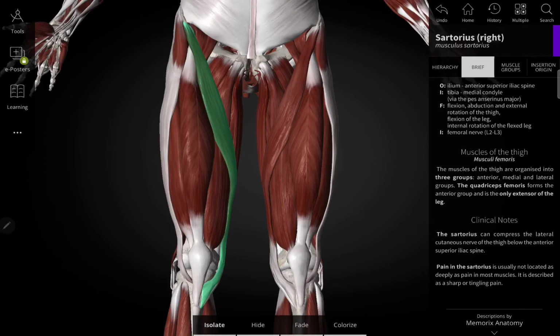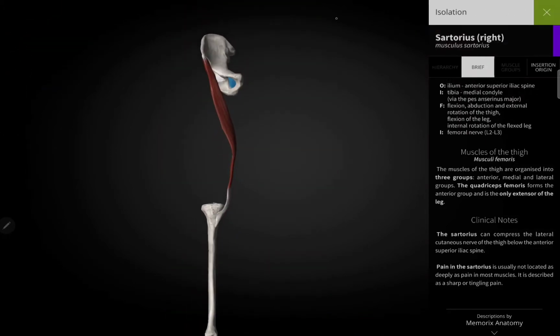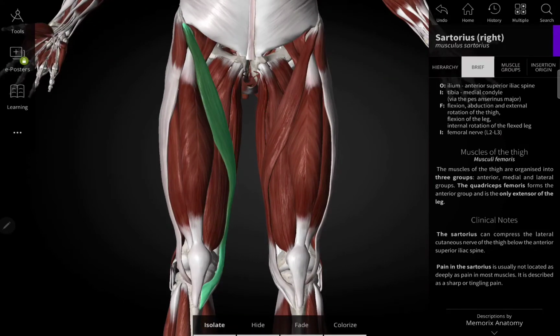So now coming to the nerve supply of the sartorius muscle. Not only the sartorius muscle but all the muscles of the anterior compartment are supplied by the femoral nerve.